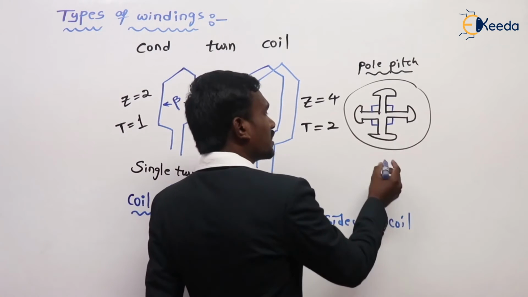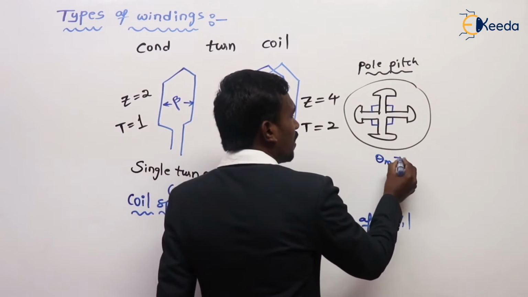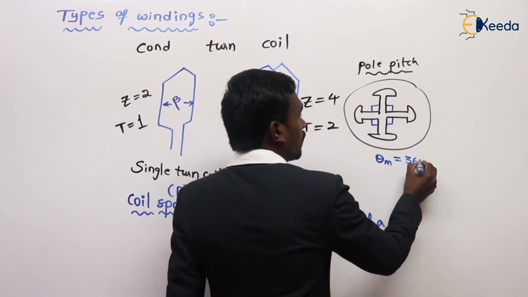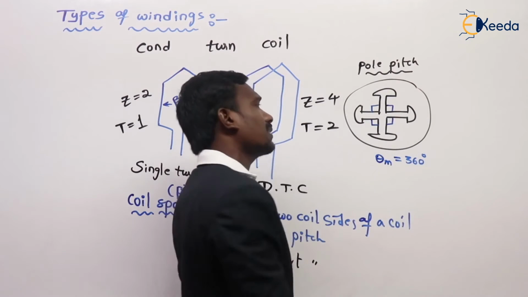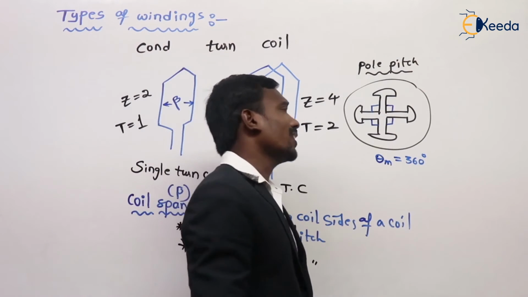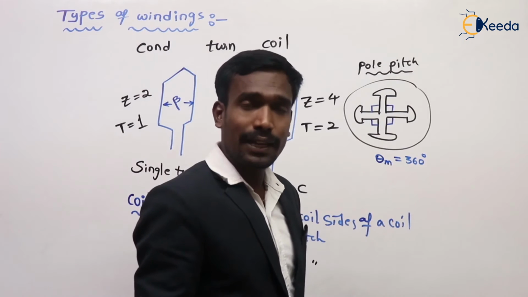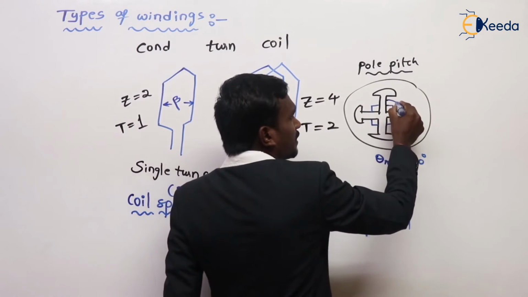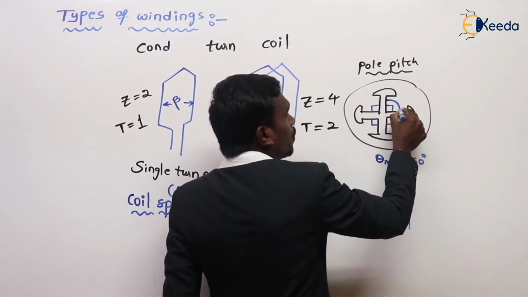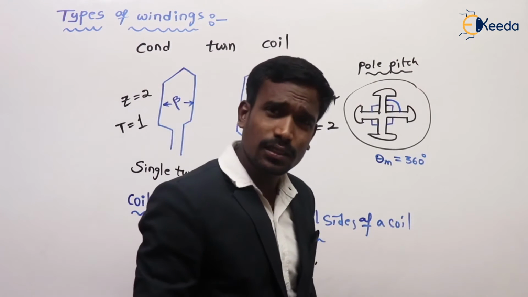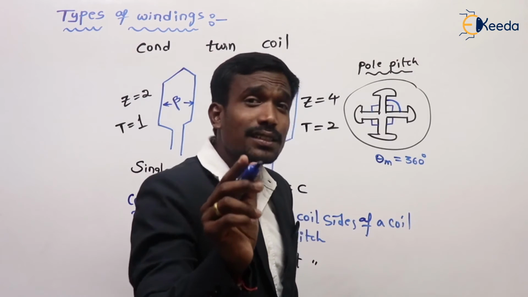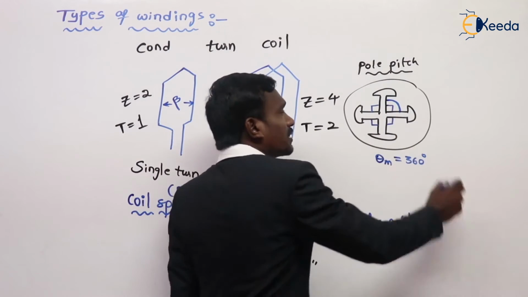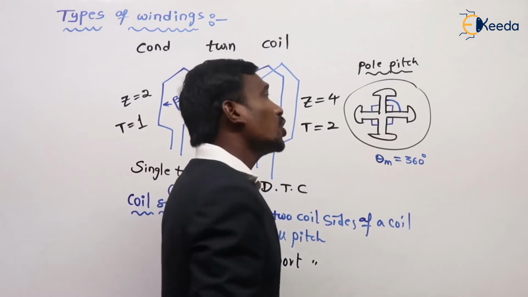Finally, 4 nines are 36, so 360 degrees is the mechanical angle. But here, pole pitch is nothing but the distance between two adjacent poles.